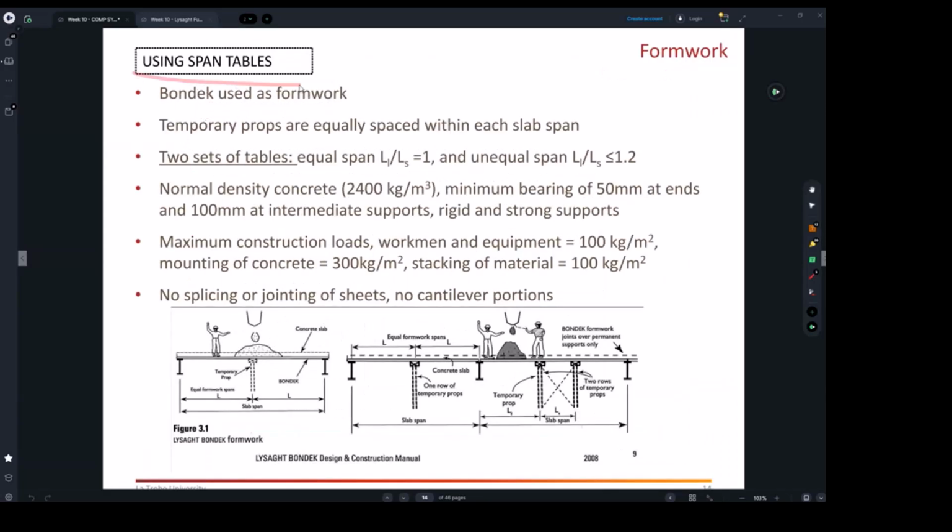Here we're talking about using span tables. One of the main tasks we like students to practice is deciding which bonding or metal sheet to use in constructing a particular slab. That's what we're going to go through in the coming slides.